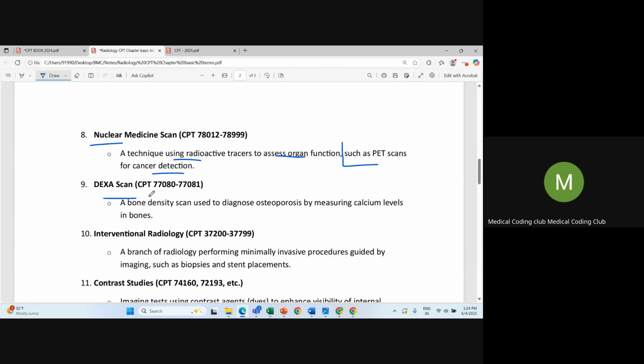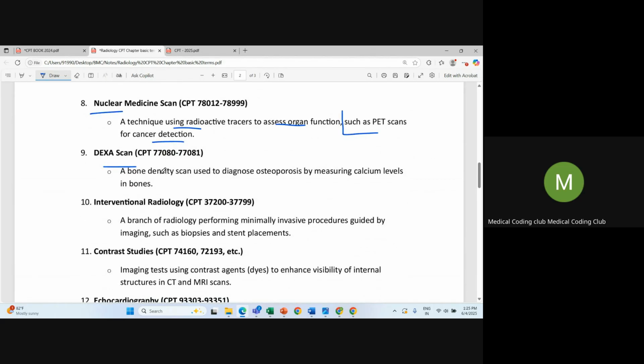Next is DEXA, dual energy X-ray. Bone density can be used to diagnose osteoporosis by measuring calcium level in the bone. Under DEXA, we can see vertebral fracture assessment, bone density study, everything will come under bone and joint studies.